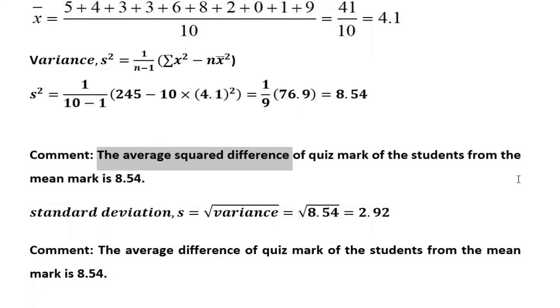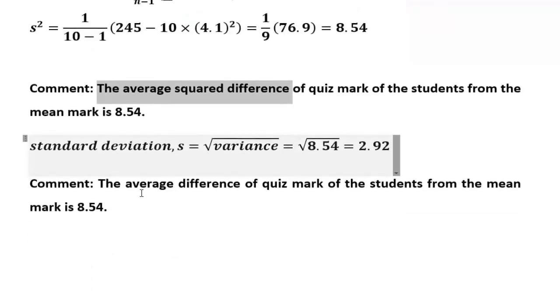Now for standard deviation, just take the square root of 8.54, because standard deviation is the positive square root of variance, which is 2.92. Same as this, for the interpretation of the standard deviation, just omit the square.